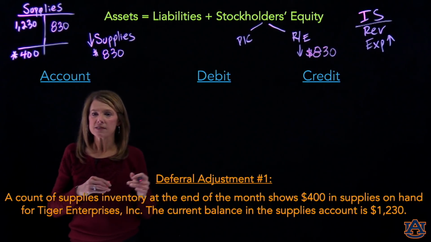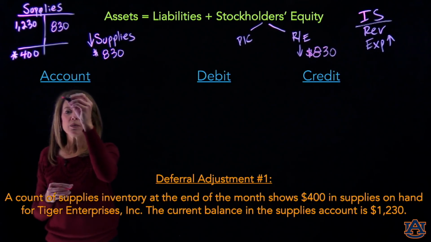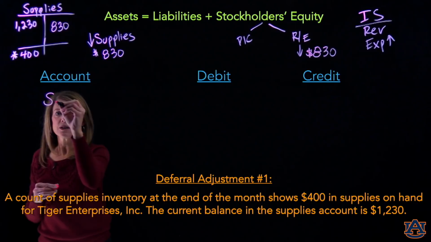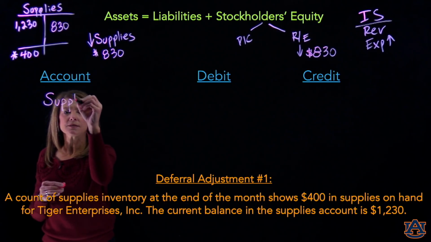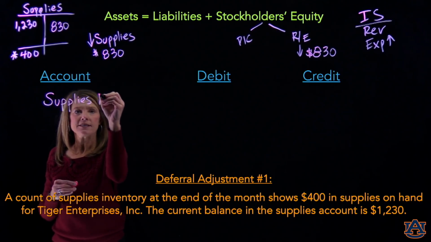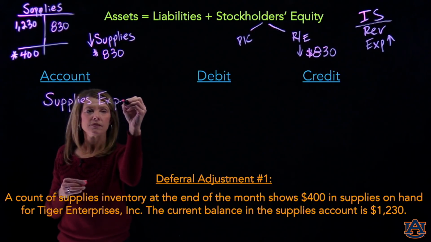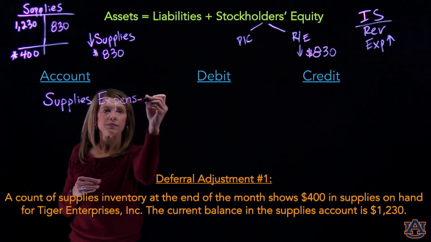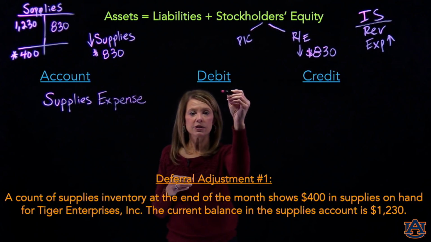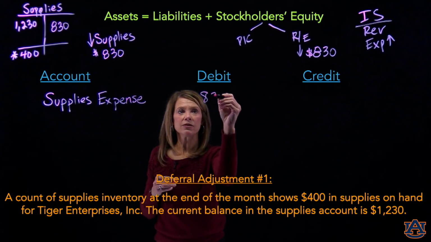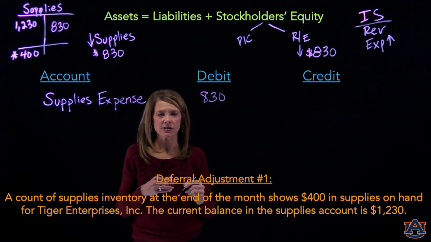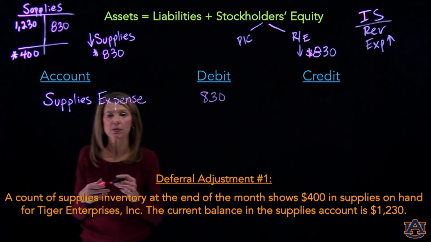We have an expense. When we make expenses go up, we need to debit those accounts. So supplies expense needs to be debited for $830. That's the amount of our change or transaction. Those are the amount of supplies that we used up.